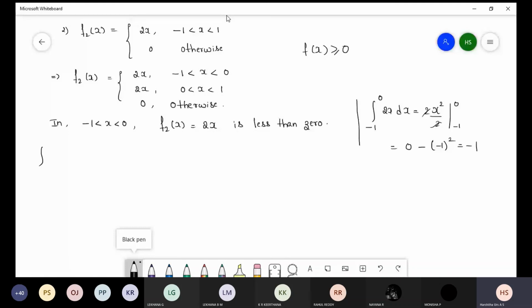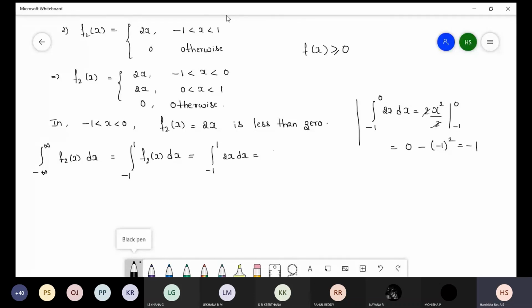Second one is minus infinity to infinity f2 of x into dx. Here also second one. So here minus infinity to infinity means we can go with the minus 1 to 1 f2 of x into dx. That is equal to minus 1 to 1 2x into dx.